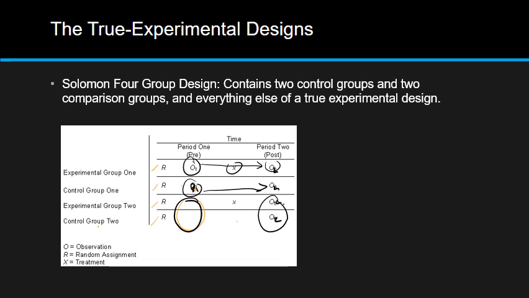So that's the advantage to the Solomon 4 group design, is just that you can also account for the effects of pre-testing, because pre-testing in itself can necessarily change things, right? So it's kind of like the Heisenberg uncertainty principle. Whenever you study something or look at something, you necessarily change it. So this is what this is trying to solve for, okay?